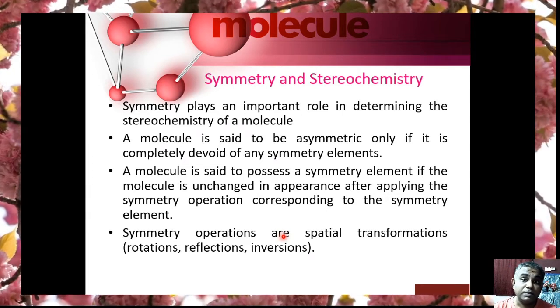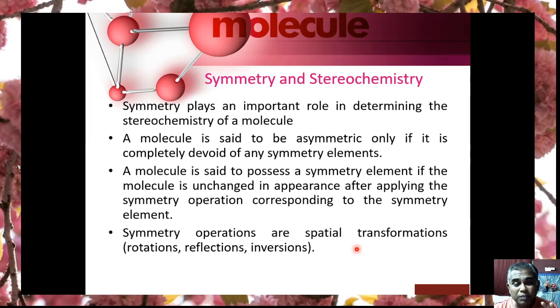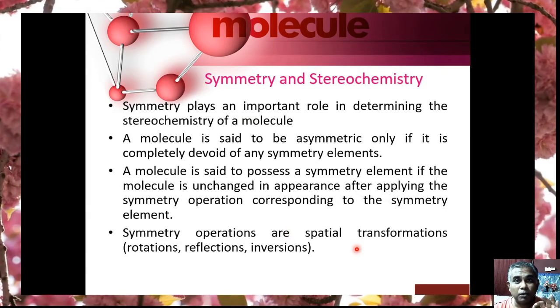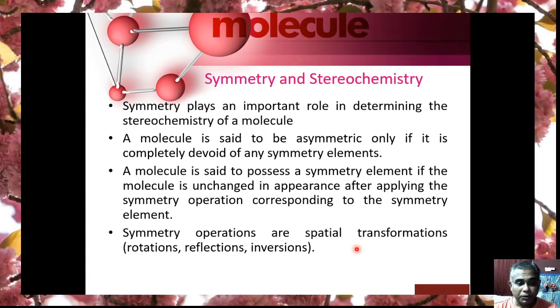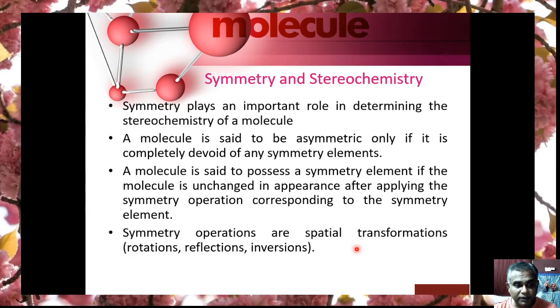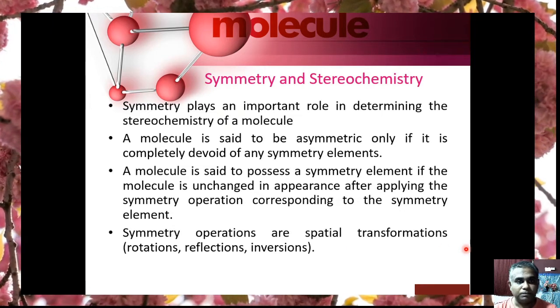So symmetry operations are spatial transformations that we perform with respect to a point or an atom or a plane or an axis. And they are classified into rotation, reflection, and inversion.